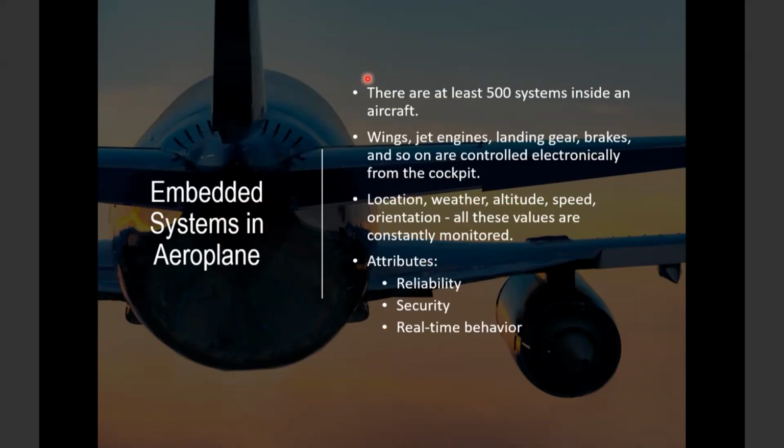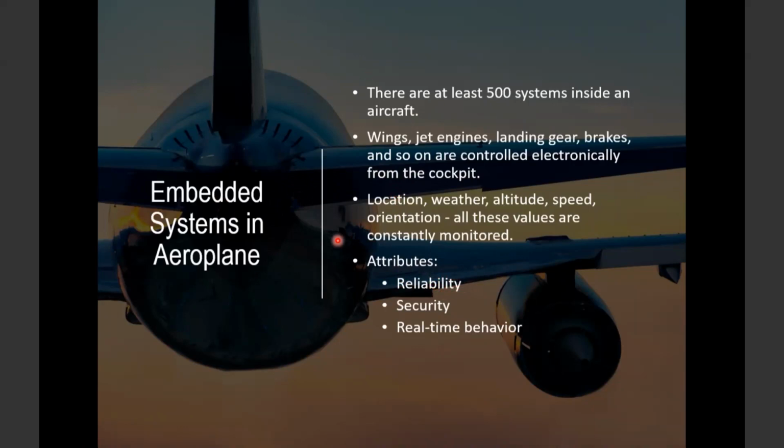So the attribute of the embedded system for the aeroplane is that it must have reliability. Why? Because the aeroplane is crucial, since we are up in the air. In order to make sure that the aircraft is in top condition, all of the embedded systems must work accordingly.